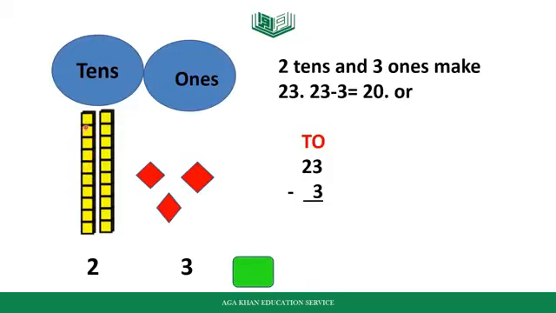Now let's count the other bar. 1, 2, 3, 4, 5, 6, 7, 8, 9, 10. See, these two bars are complete tens. So we write 2 here. Why have we written 2? Because there are two tens. This 2 indicates that there are two tens.